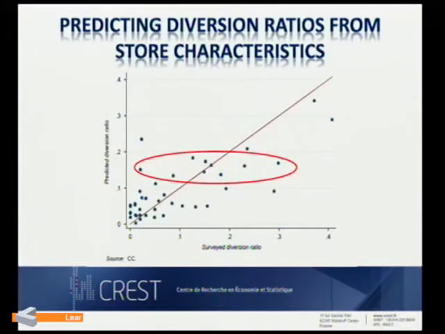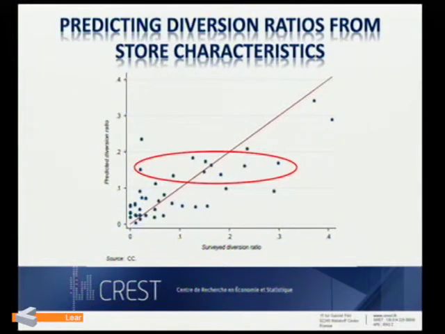But there again, that's making some strong mistakes in what your predicted diversion ratio could be.